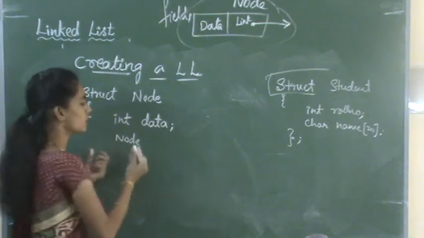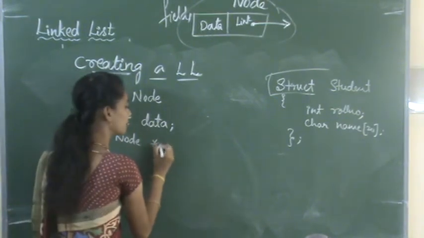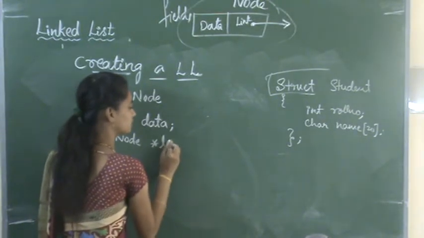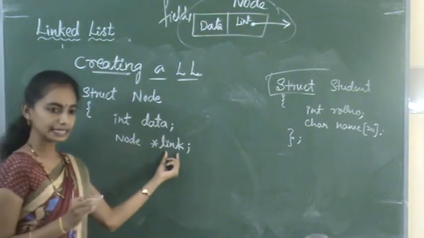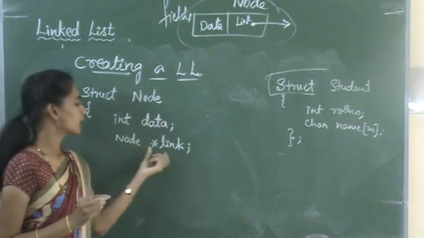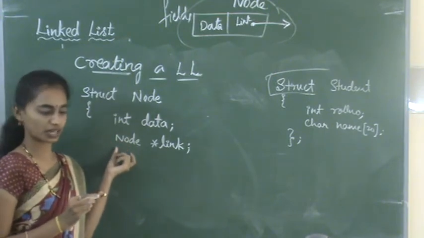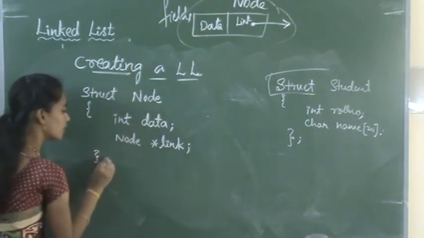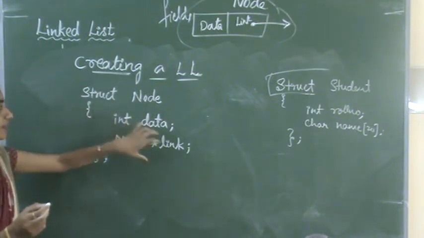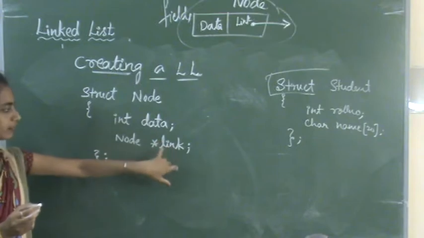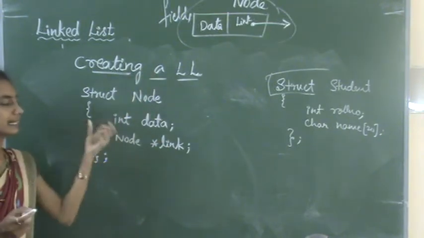This structure data type we use to represent this link. Now this link variable is of the data type struct. So this is how we define the structure. In this we create the data field and then the link field. Like this we are creating the linked list.